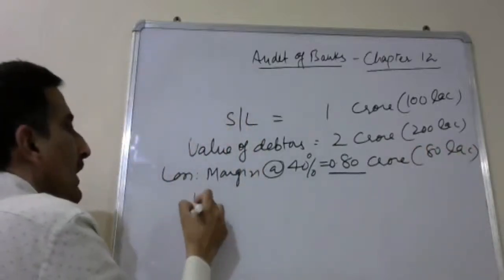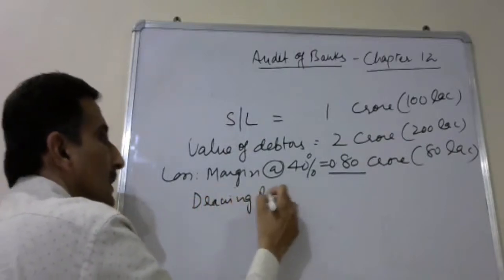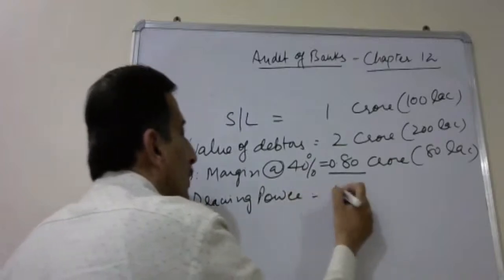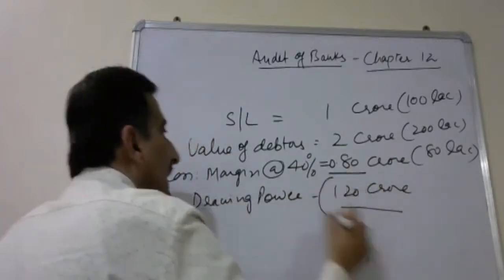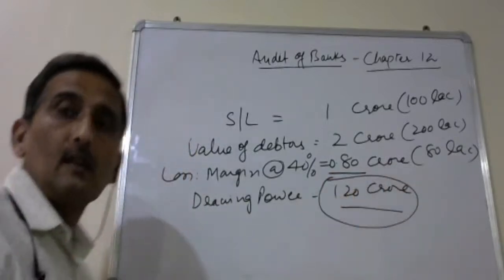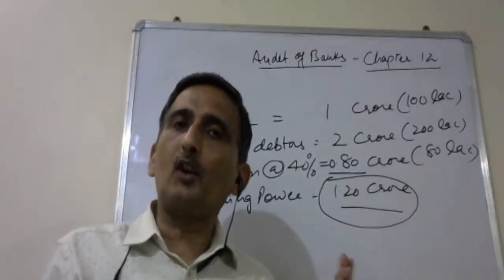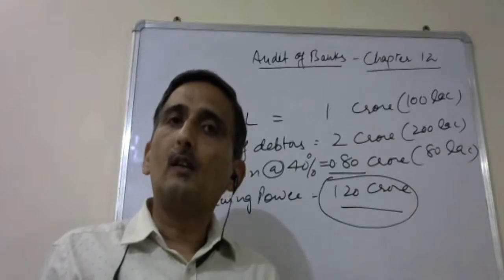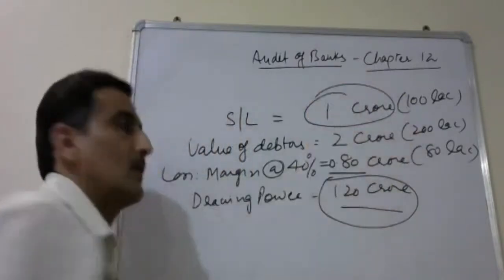Okay. So what is drawing power? Drawing power is 1.20 crore. So does it mean that the party can withdraw money amounting to 1.20 crore? No. But why? Because the sanction limit of the party is 1 crore.